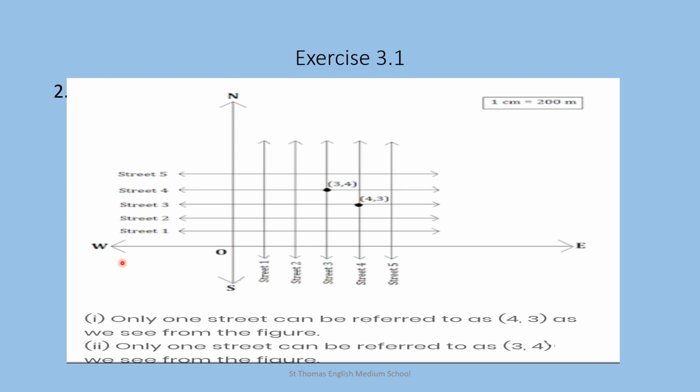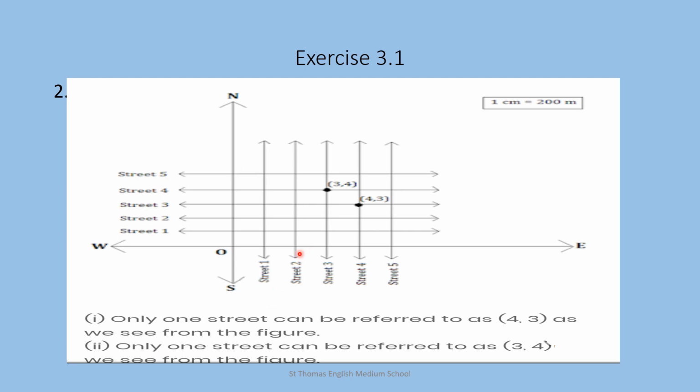Now what you have to do is, first you draw a horizontal line, that is you mark the east-west direction, that is the x-axis, and the other one north-south direction, that is the y-axis, and at 1 centimeter distance you mark 5 streets parallel to the y-axis and 5 streets parallel to the x-axis.